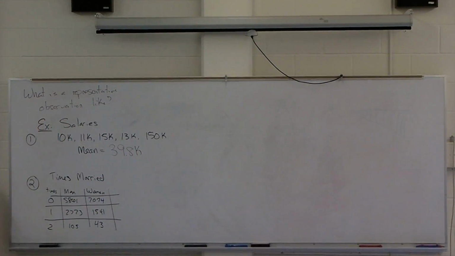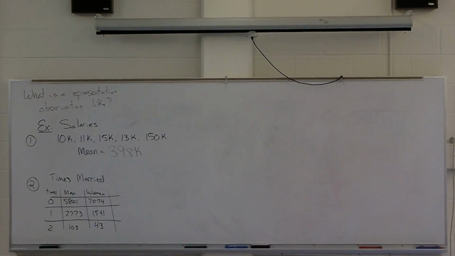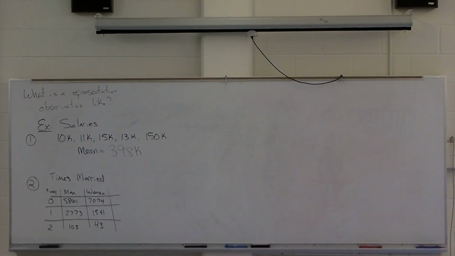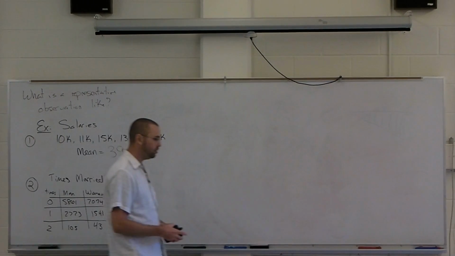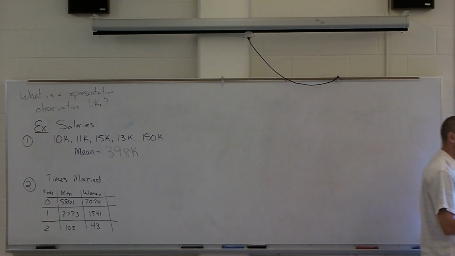So the average here, the mean value, is 39.8. Now, does that 39.8 accurately describe most of this data? Is that a representative value of these 5 numbers? No, not really. That 39.8 is considerably larger than more than half of those values, so that's not really representative of my sample.